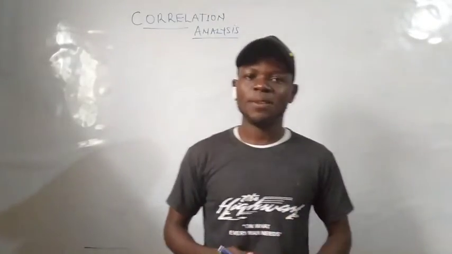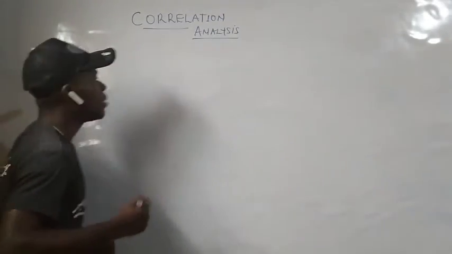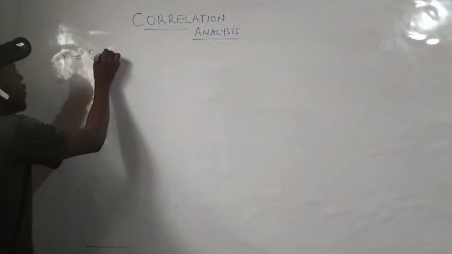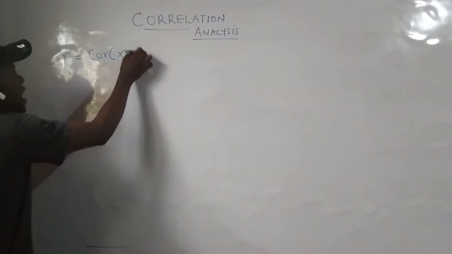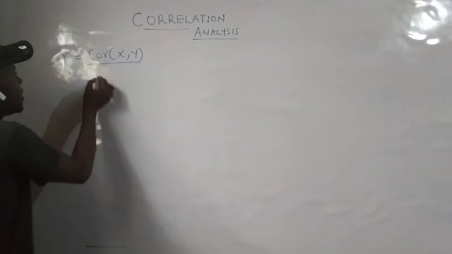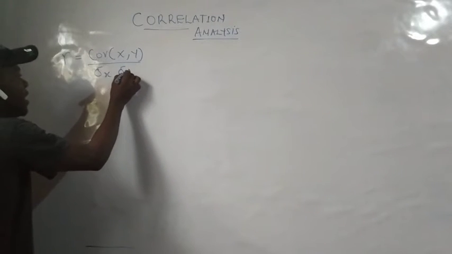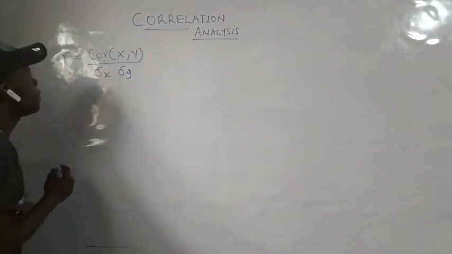Welcome back once again. Now, from the formula I gave initially, r is given as the covariance of the variables x and y over sigma of x times sigma of y, implying the standard deviations of x and y.